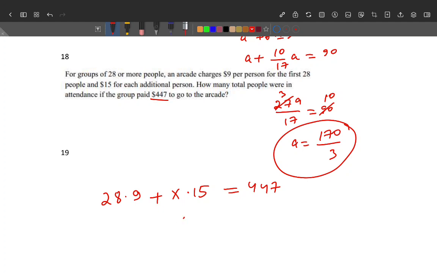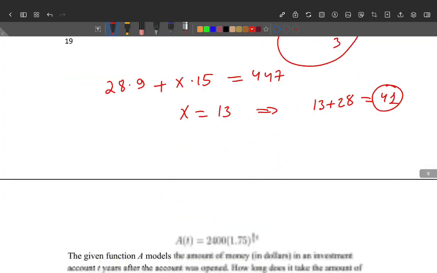By solving this, we took x is 13. The whole number is 13 plus 28. It's equal to 41. Answer is 41.